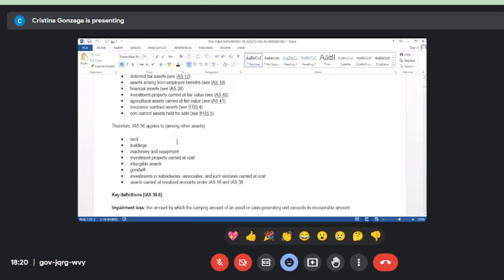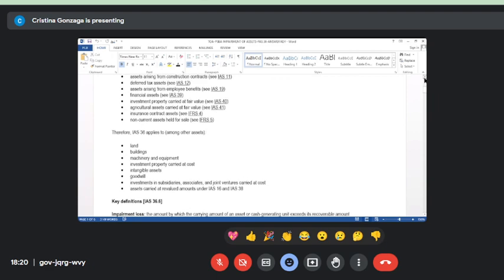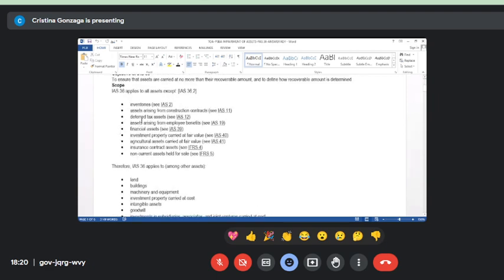Because the guideline of PAS 36 will not be applicable to these assets, as listed here, since they have their own standards. It does not mean that we no longer recognize impairment for these assets. We still recognize impairment, but using the guideline of that specific asset.